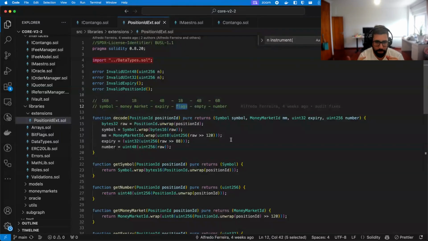So instead of querying Aave as part of the execution flow, we rely on the user telling us. And it's safe because if you tell me the wrong data, Aave is going to reject the settings, so the only one losing out is whoever is calling this. And yeah, we have 4 bytes free for the future, and then a 48-bit number. That means that we can have a lot of positions and it doesn't matter.